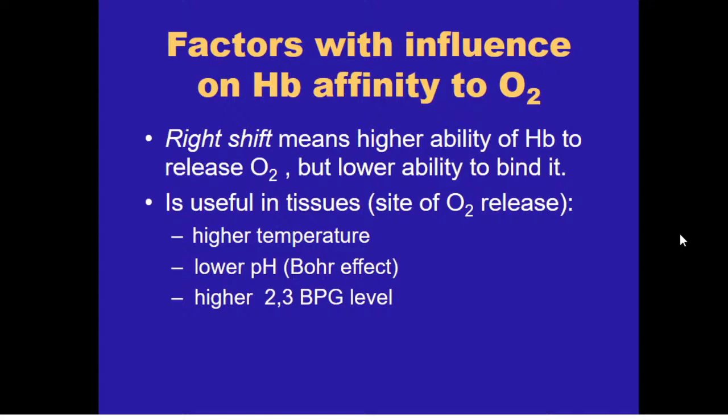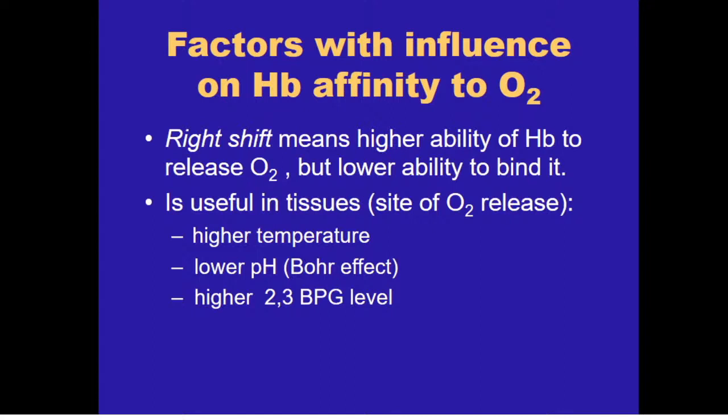So let's write now factors which influence the affinity of hemoglobin to oxygen. Here I'm explaining that a right shift means high ability to release, but low ability to bind. So this process, release and bind, is also a reversible process.